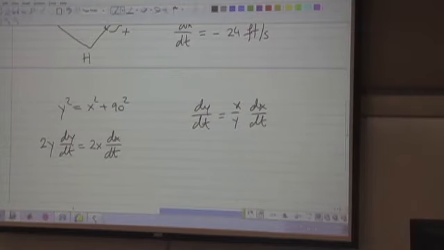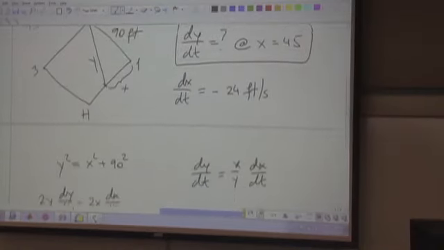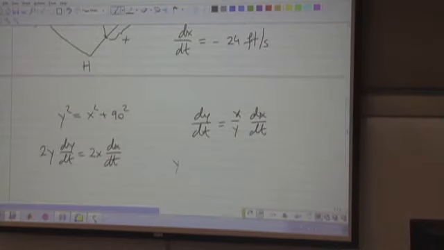So then now all I have to do is just plug in what I need to know, right? I'll cheat. And I'll say that x is equal to 45, and y is equal to 45 square root of 3. Any thoughts why that's the case?